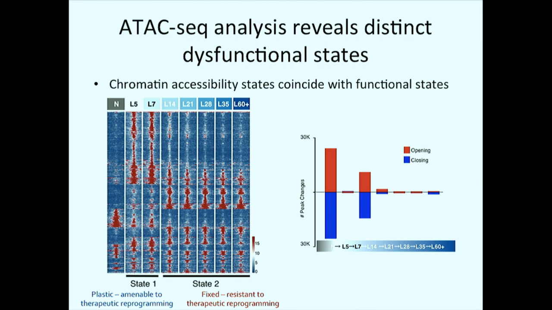You see there are two states also from this picture, okay? So it's just a different way of presenting the same data, this early state and this late state, day 14 and on. And the big changes are naive to day 5 and day 7 to day 14. That's shown here.